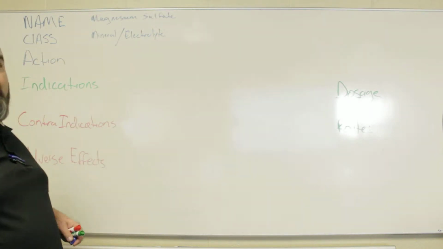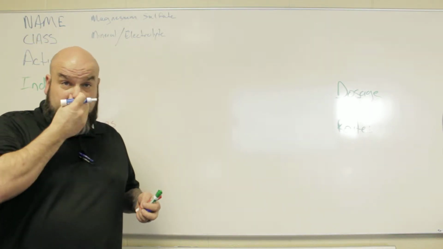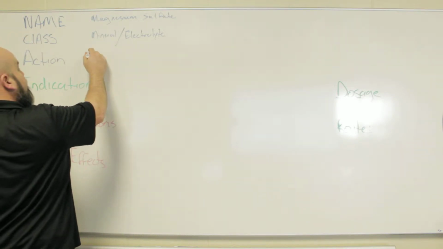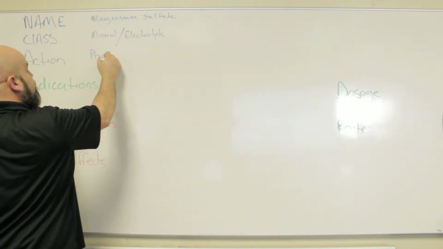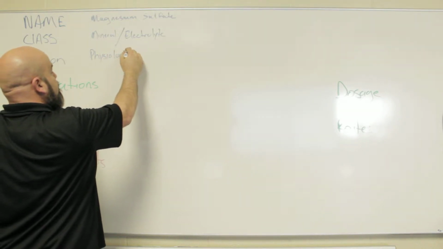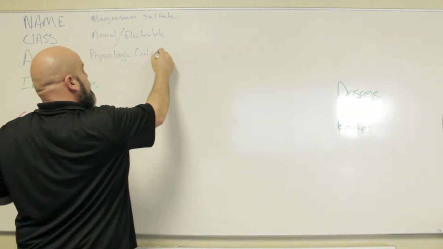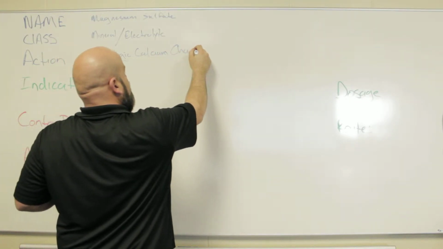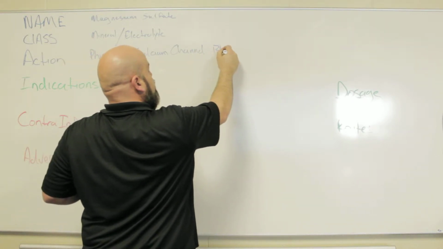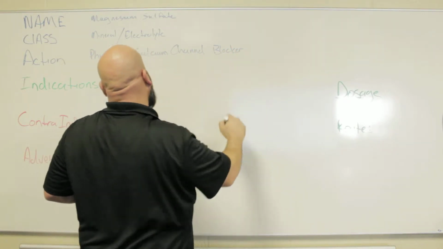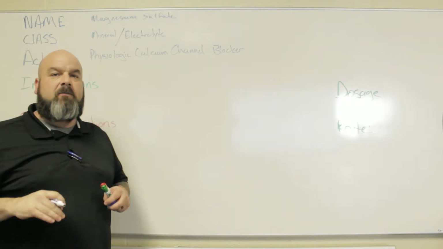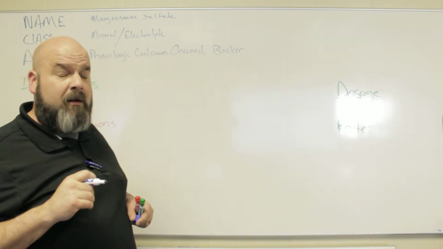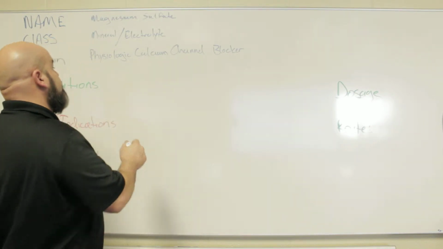Okay. The action of mag sulfate on the human body is it is a physiologic calcium channel blocker. It is also a very good, very potent bronchodilator.